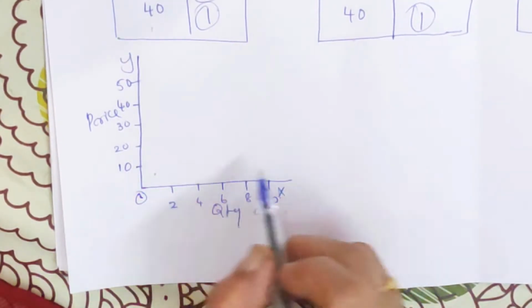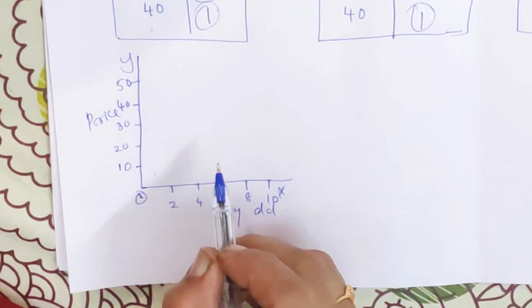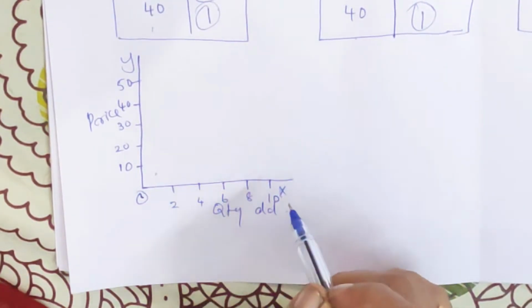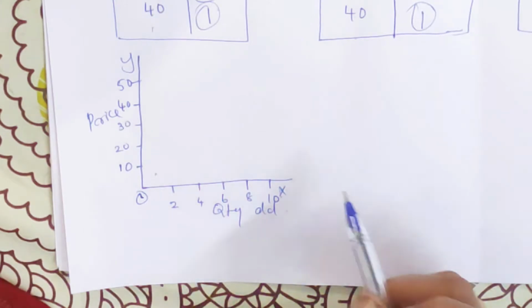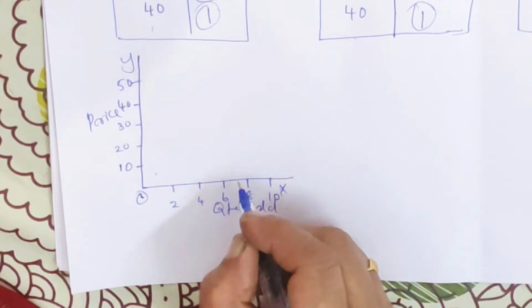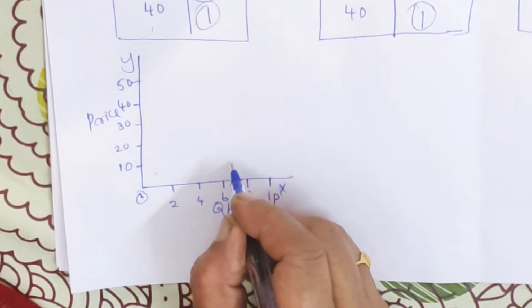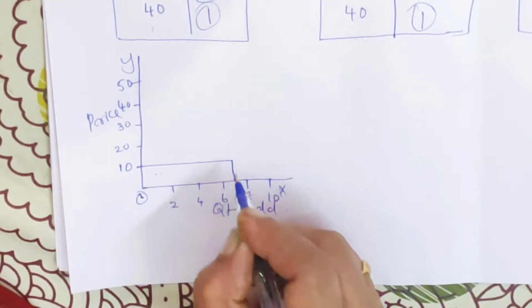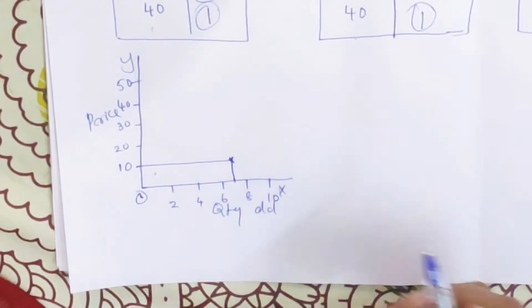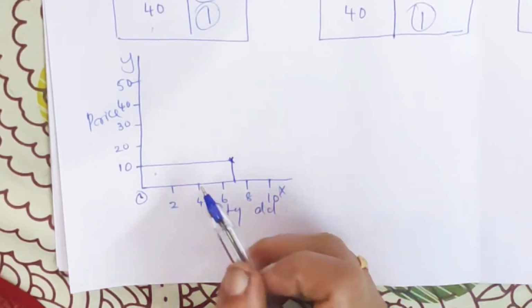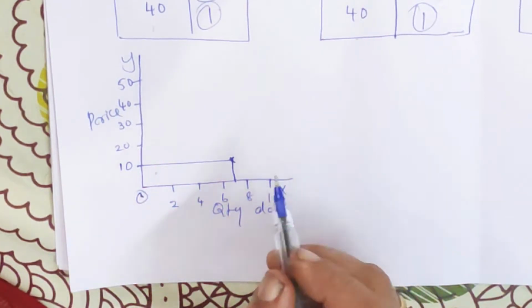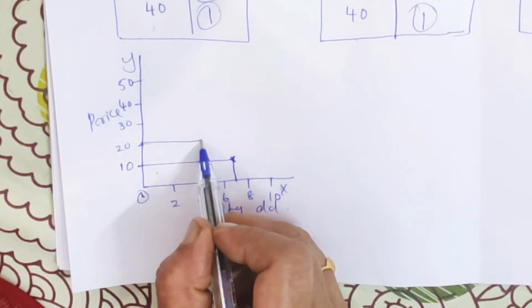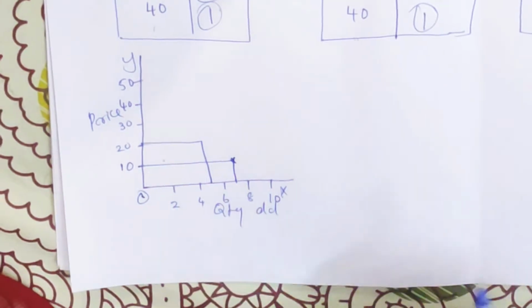When price is equal to 10, consumer A demands 7 units of commodity. When price increases to 20, demand is only 5.